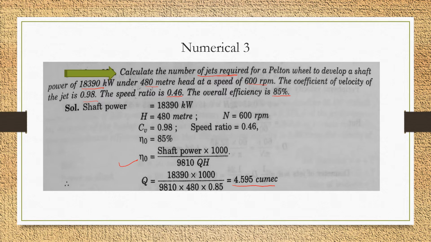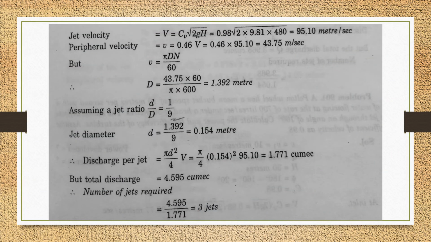Now let us find out each jet. First we find the jet velocity. Jet velocity V equals Cv under root 2gH. Substituting the values, we get the jet velocity as 95.1 meters per second.